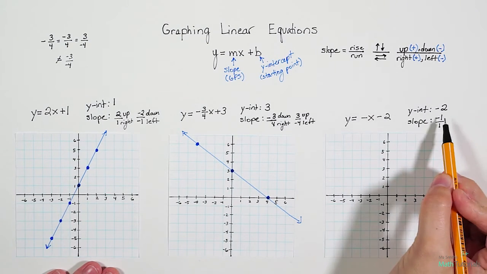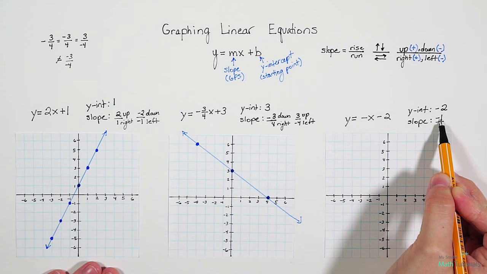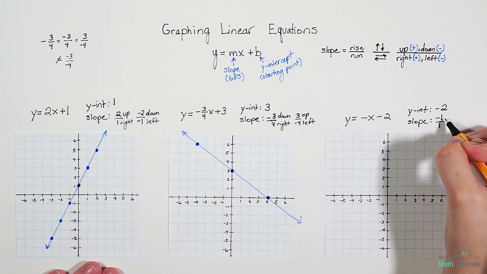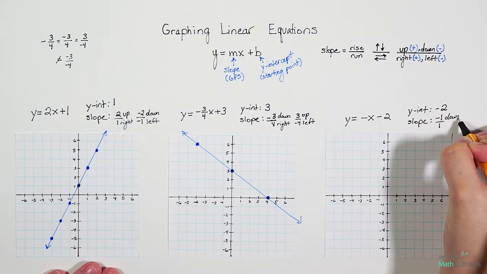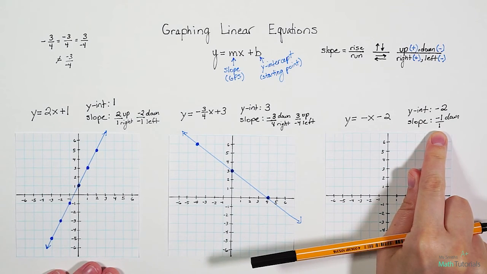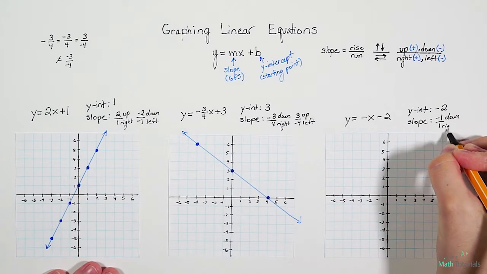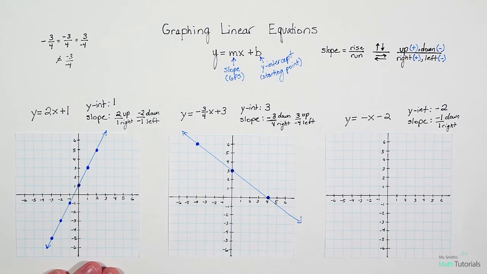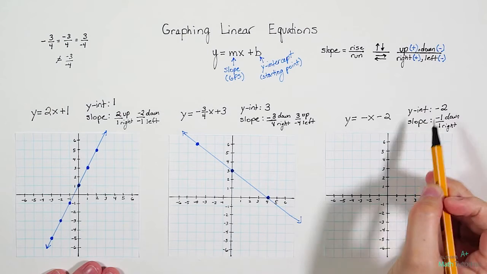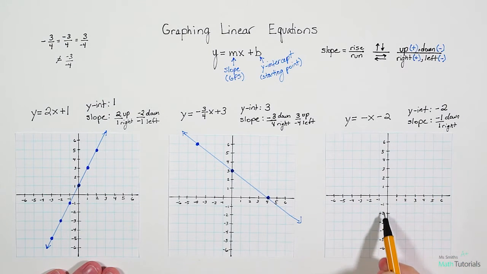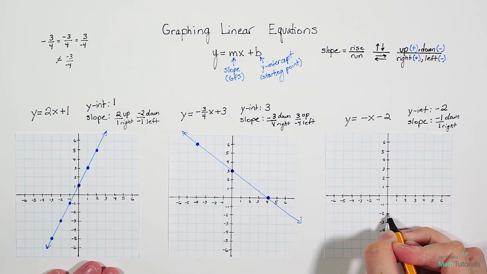So for our movement, we've got a negative in the numerator, which tells us we're moving 1 unit down, and a positive in the denominator, which means we're moving 1 unit right. Graphing at our starting point of -2, we want to find -2 on the y-axis, which would be right here.